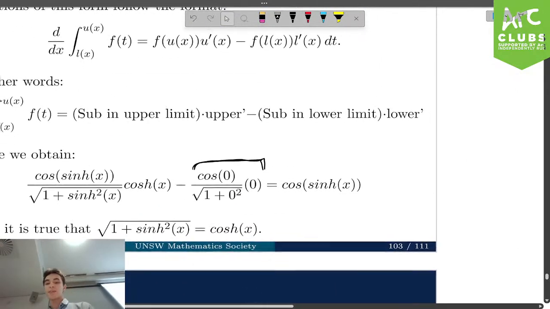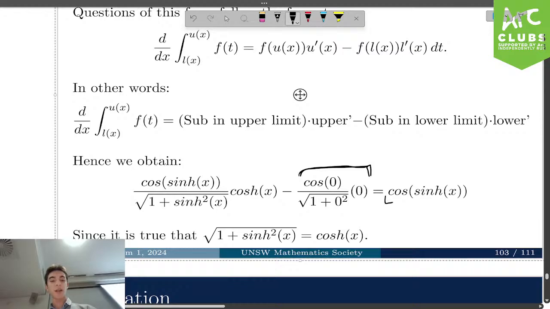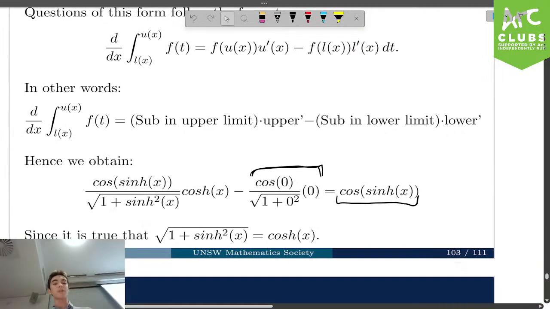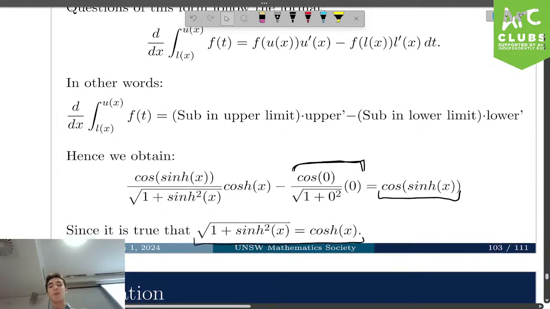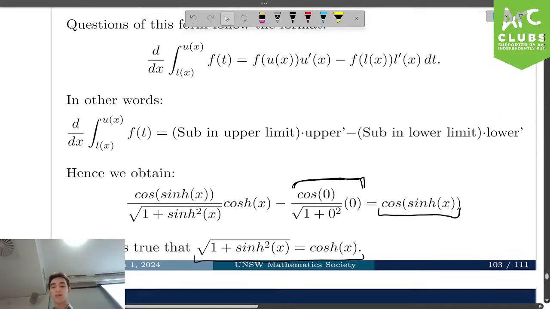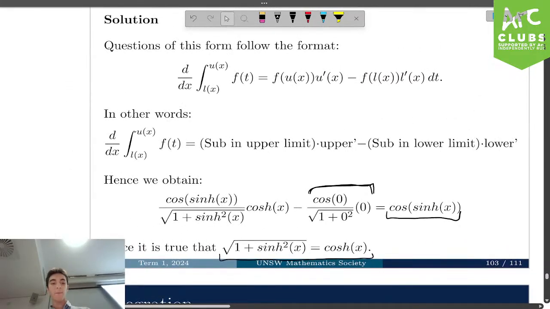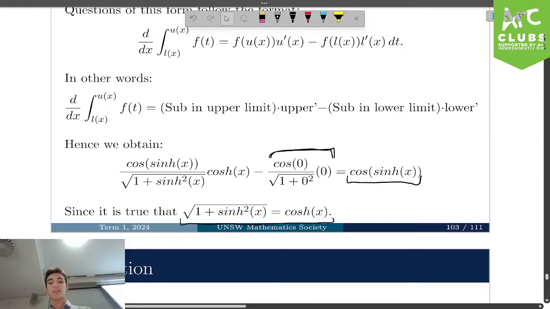And when you simplify this, this does actually just become the cosine of the hyperbolic sine of x, because we used this identity. Hyperbolic sine is a function that we'll study more in depth later on, but for now, we just need to know a couple of identities about them, and this is one of them, okay?